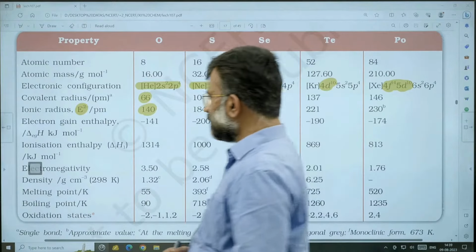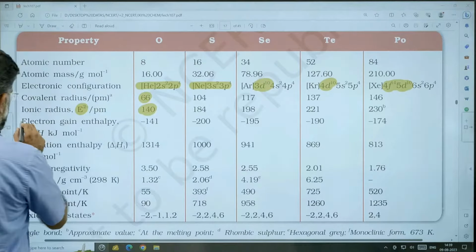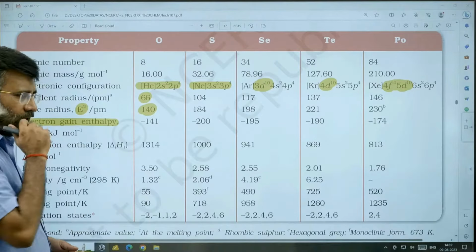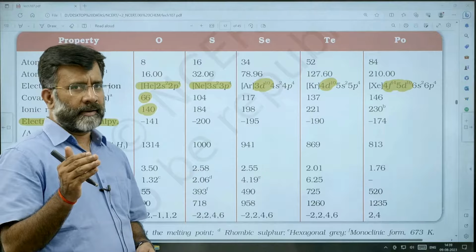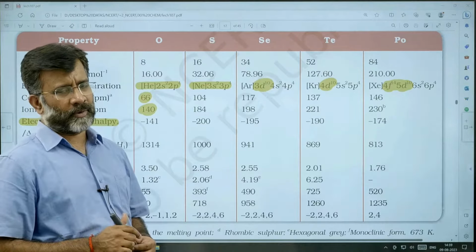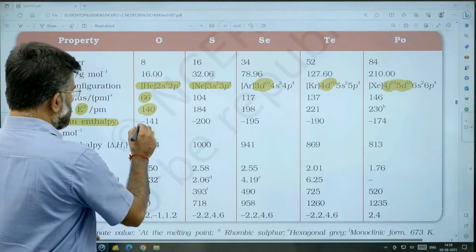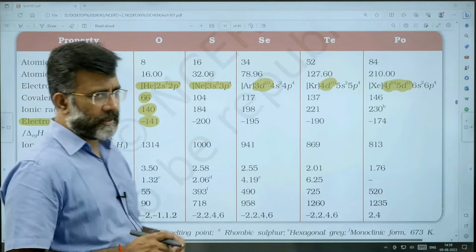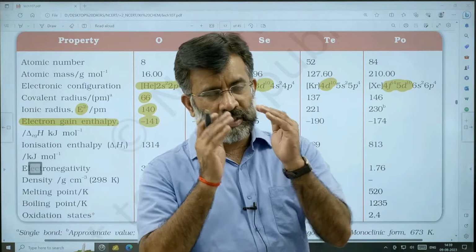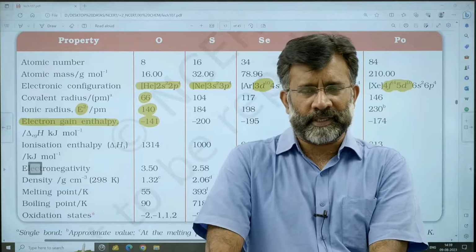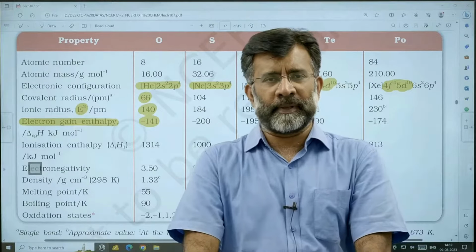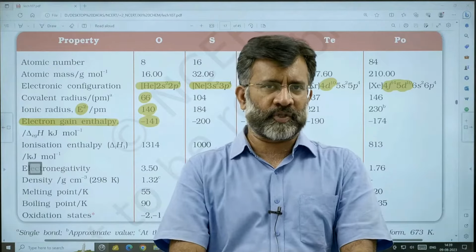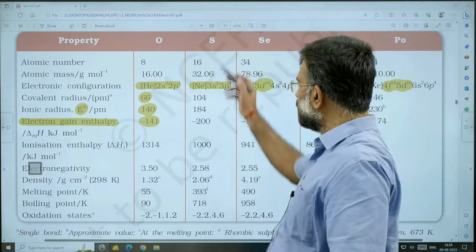And this is an important property, electron gain enthalpy. It was discussed in the 11th standard topic also regarding the speciality of oxygen. Oxygen, even though the second most electronegative element in the periodic table after fluorine, does not have that much negative electron gain enthalpy. It is greater for sulfur.